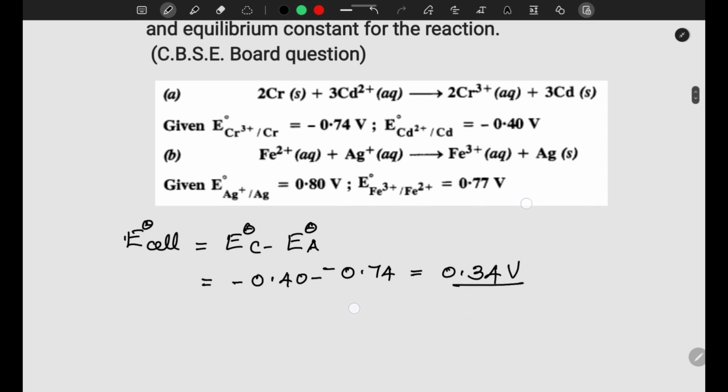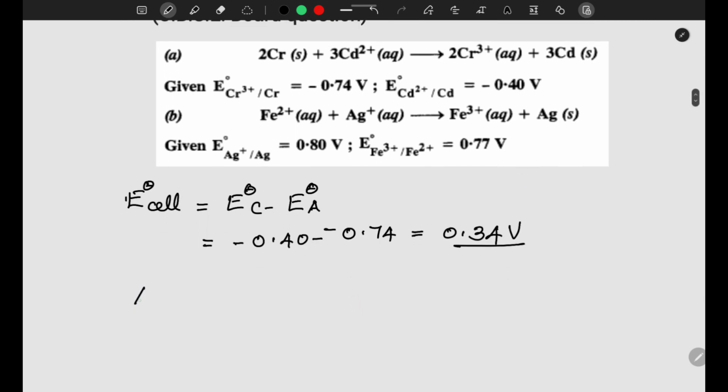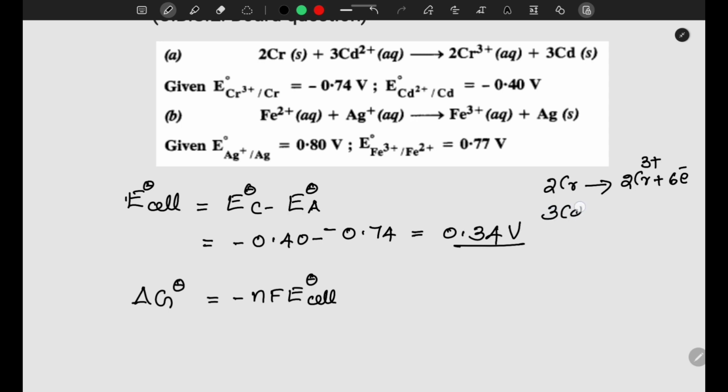Now let us calculate the standard Gibbs energy, delta G naught. Delta G naught is equal to minus nF E naught cell. Now let us calculate the number of moles of electrons involved. 2Cr is undergoing oxidation to 2Cr3+. So here to balance the charge we can add 6 electrons. Similarly 3Cd2+ + 6 electrons gives 3Cd.